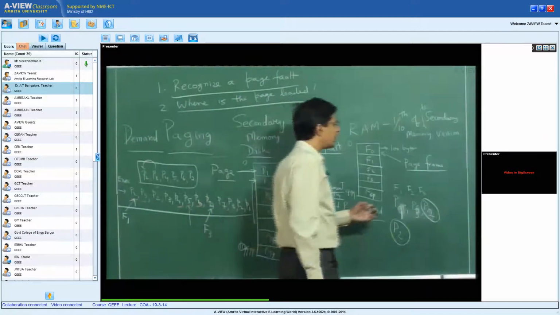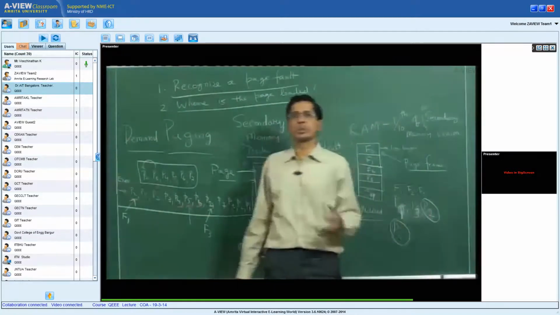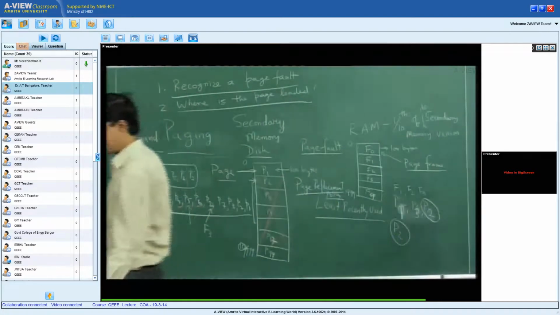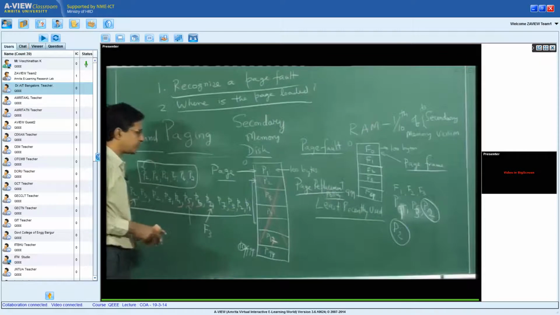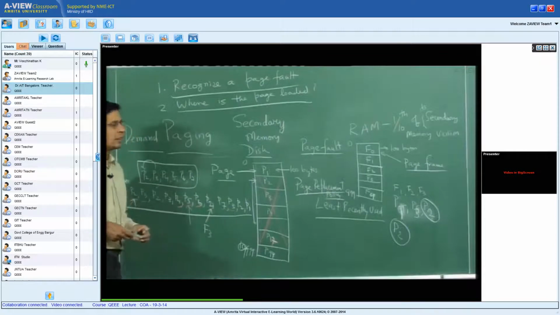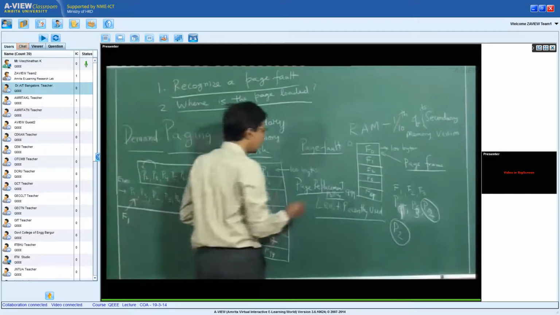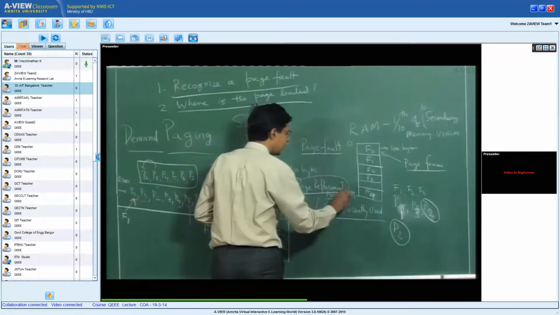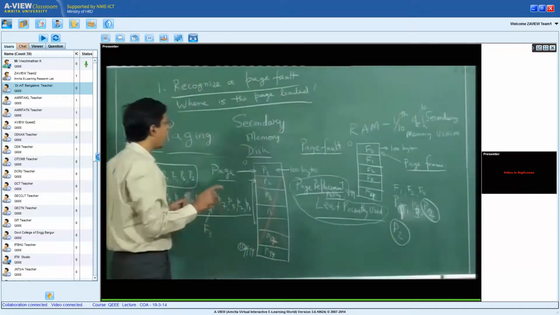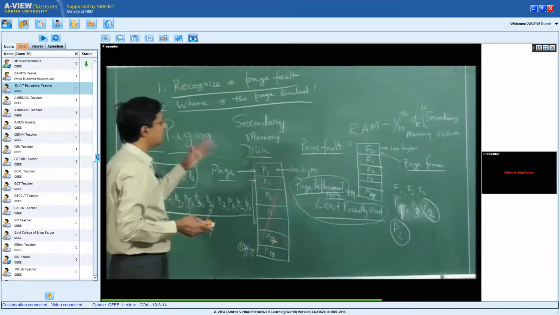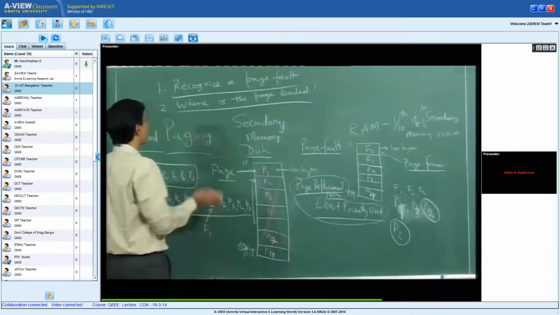To implement this, the hardware does many of these things, and the operating system is responsible for implementing the policy. So we will now see who is responsible for what.